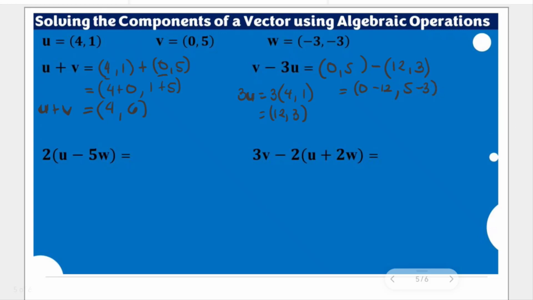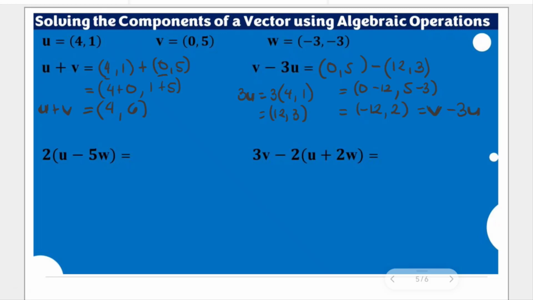So you will have the result, which is equal to -12 and 2. This is for your v minus 3u.